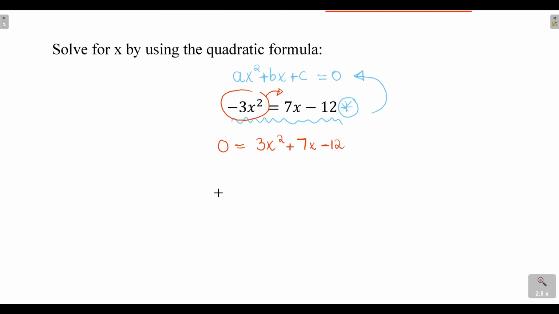I'm actually going to use a white background. I feel like the black background is a bit dark. Remember, we have negative 3x squared equals 7x minus 12.